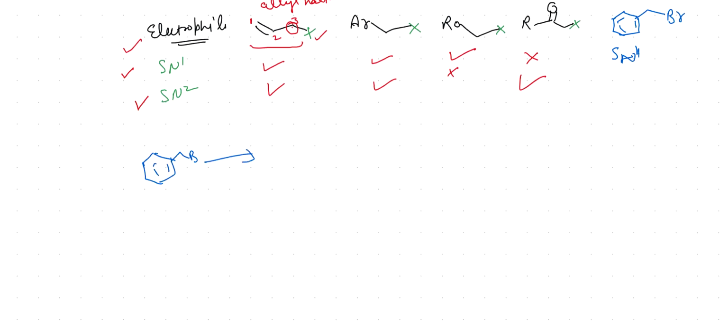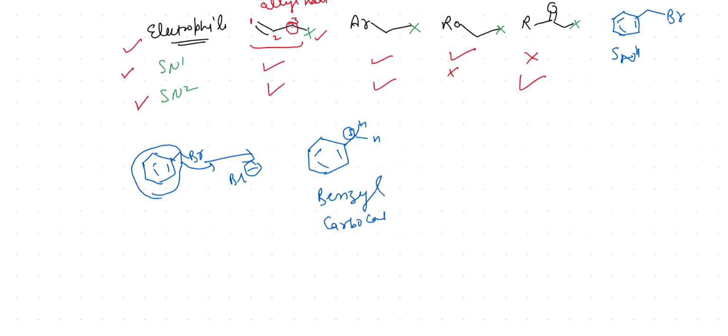If the leaving group is removed as Br negative, then there will be a positive charge on this carbon. This group is known as the benzylic group. So this is the benzyl carbocation.